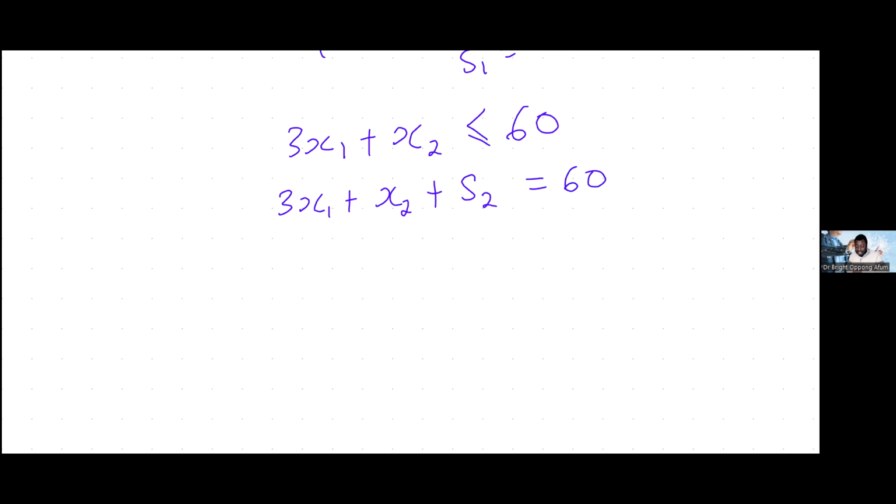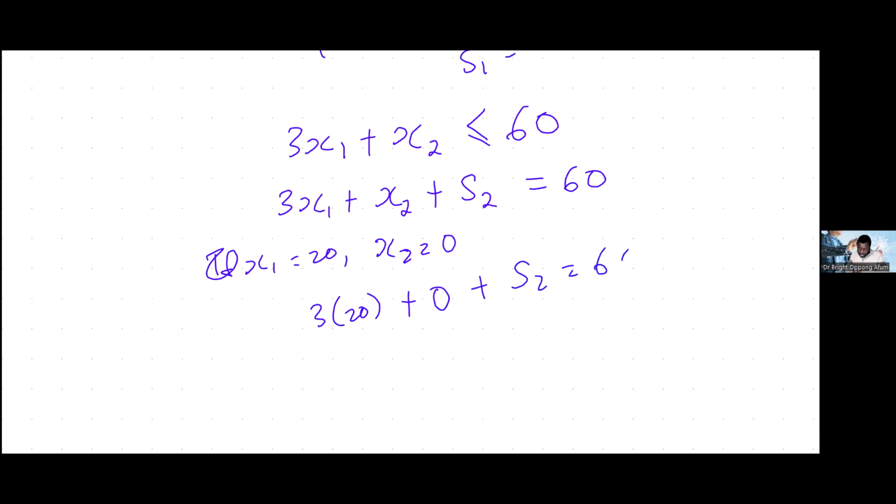So this is a standard form. Again, we can test it. Remember, we said x1 is 20 and x2 is 0. That means 3 times 20 plus 0 plus s2 is equal to 60. So 60 plus s2 is 60, and therefore s2 is 0.